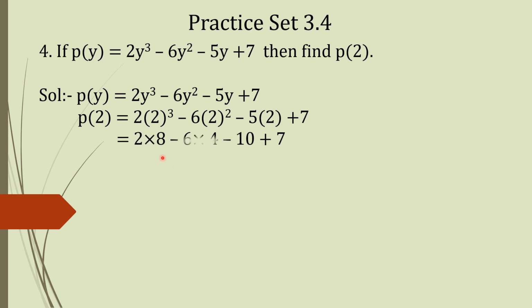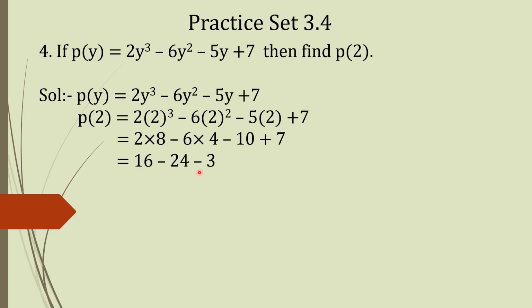So let's solve: 2 into 8 minus 6 into 4 minus 10 plus 7. Now we'll multiply these terms. It will become 16, 2 eights are 16, minus sign, 6 fours are 24, then minus 10 plus 7. So minus 10 plus 7 will be minus 3.